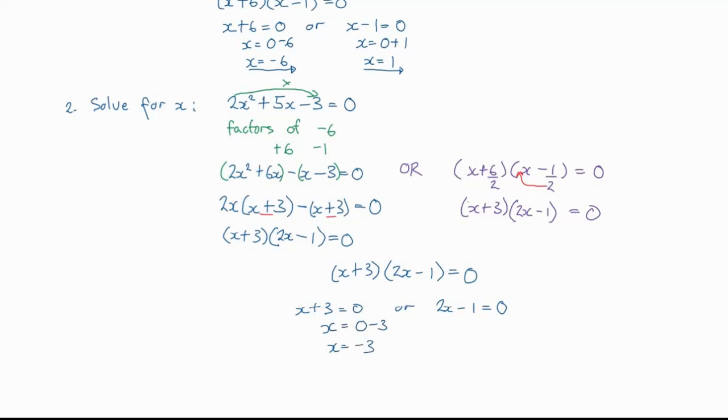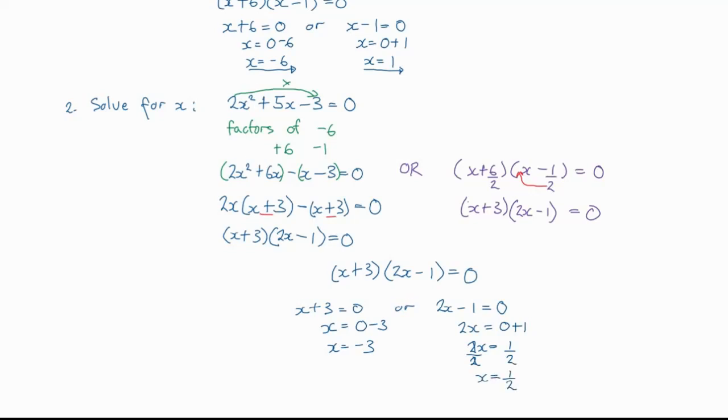Inverse operations again: -1, if we take it to the other side, adds. So 2x is equal to 0 plus 1, which is 1. Divide by 2 here so that these cancel, and divide by 2 there also, because that's what we do in an equation, which means x is equal to a half.